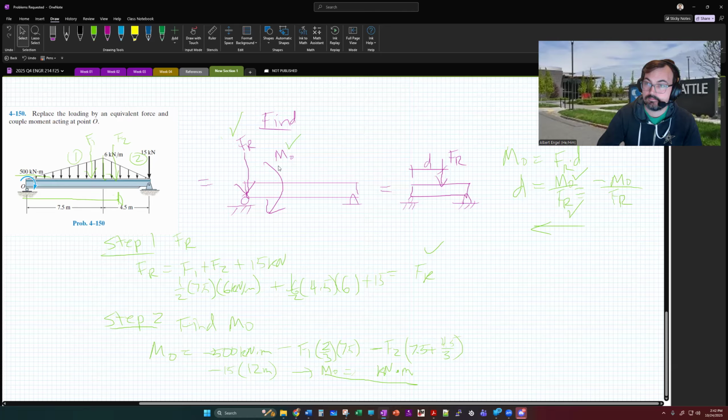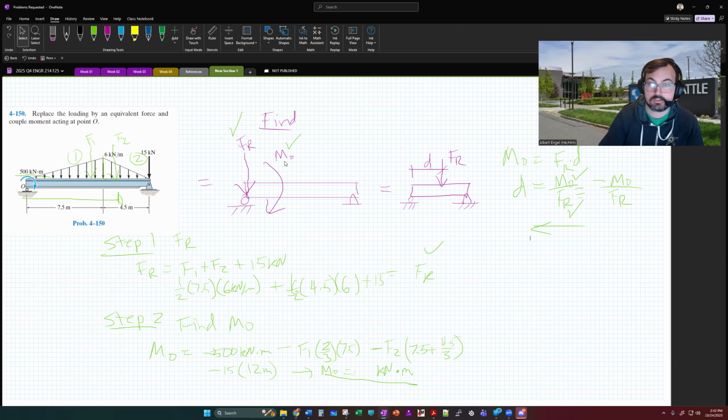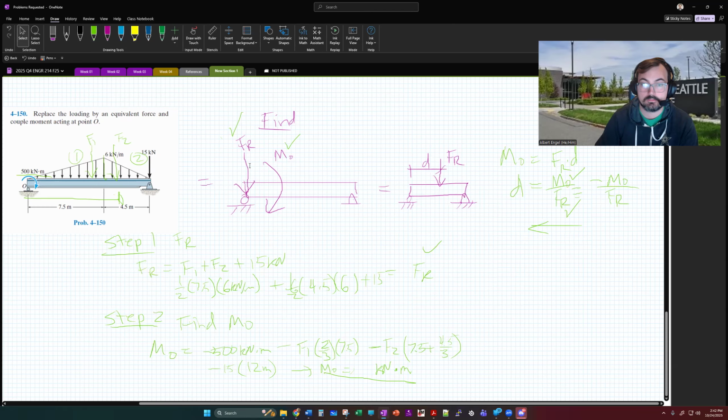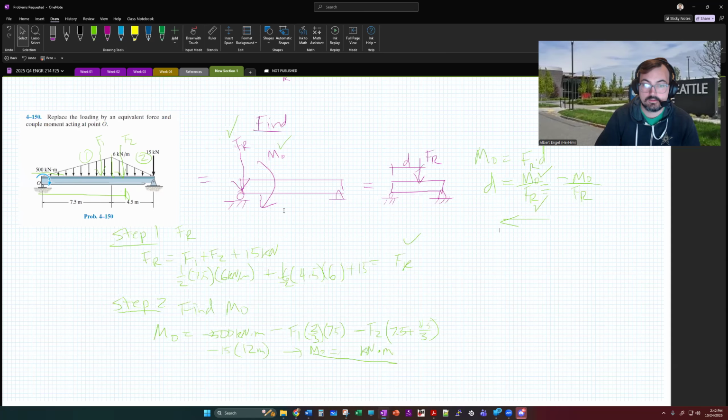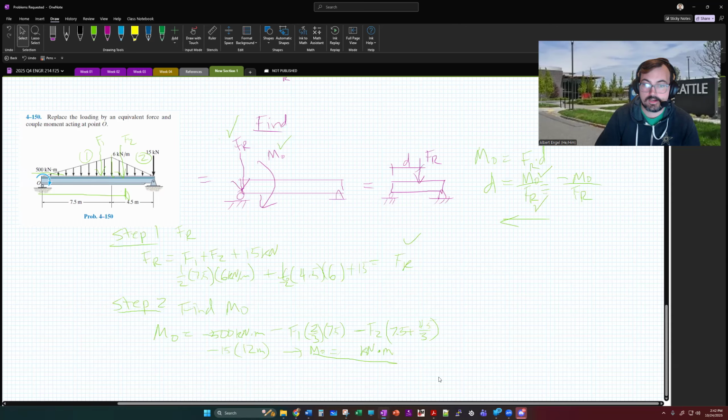On the left side, the equivalent system says MO is clockwise. We need to maintain that same clockwise direction. So just keep that in mind as you solve this problem, making sure that you're getting your D measured correctly from O to the right, which makes sense.